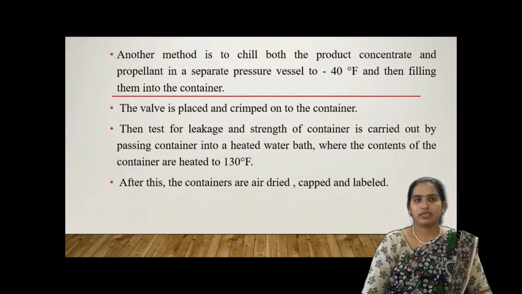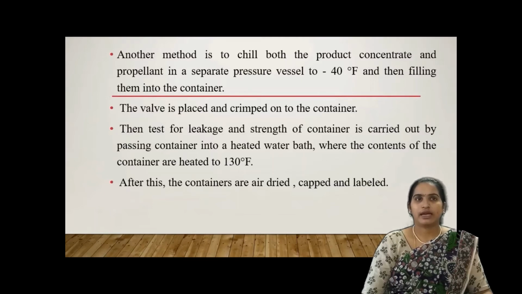In another method, both the product concentrate and propellant in separate pressure vessels are cooled to -40°F and then filled into chilled containers. After filling the product concentrate and propellant into the container, the valve is placed and crimped onto the container.